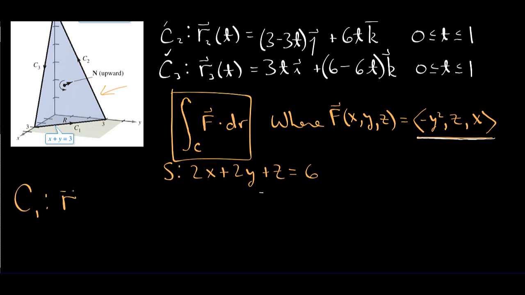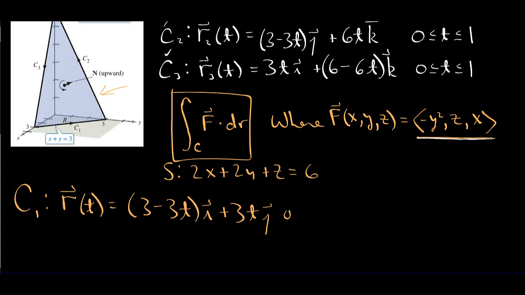Now C1, I've defined the path to be this way. It's going to be 3 minus 3t i plus 3t j. And then you can say plus 0k.